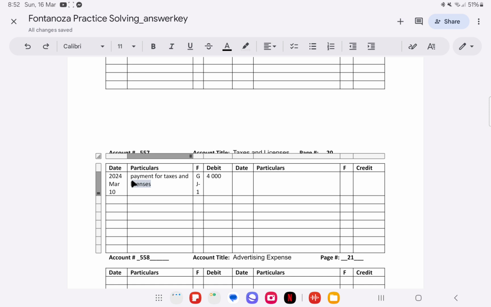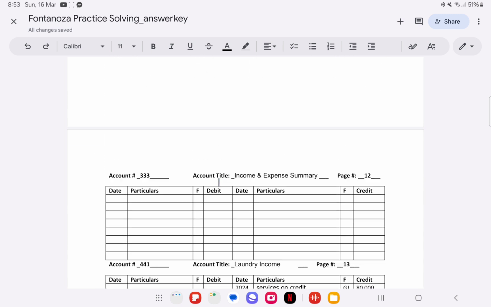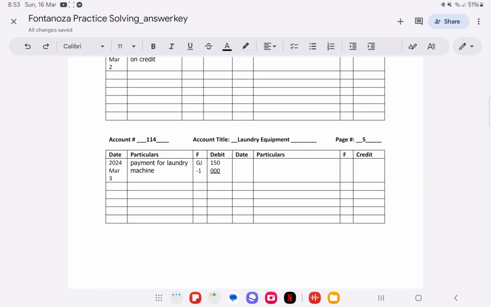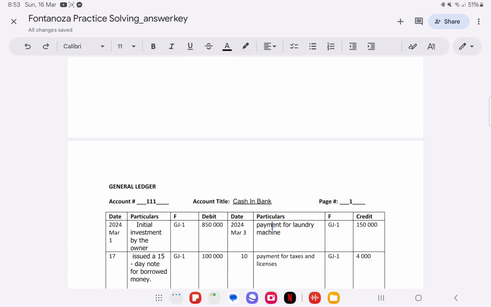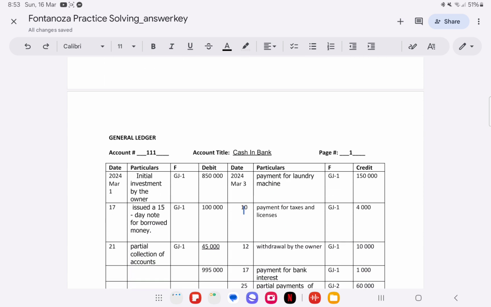So we are specific here so that we could identify what kind of expenses we are paying for. So GJ1, 4,000. Okay, so your credit is cash in bank. So cash in bank, March 10, payment for taxes and licenses GJ1 4,000.